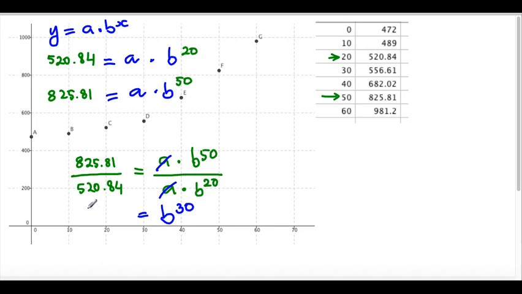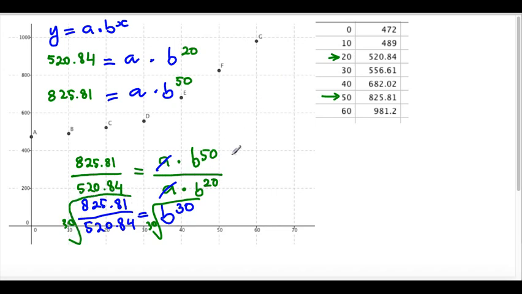In the end, what I need is only b. And therefore, what I have to do is to take the 30th root of both sides. So I'm going to use a different color here. Both sides, I'm going to take the 30th root.